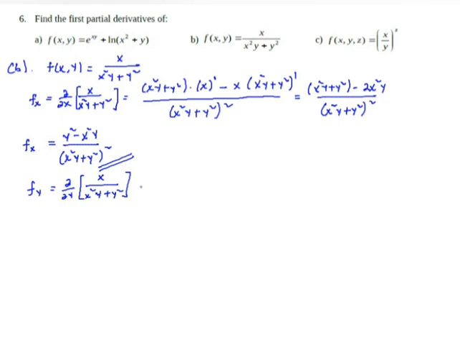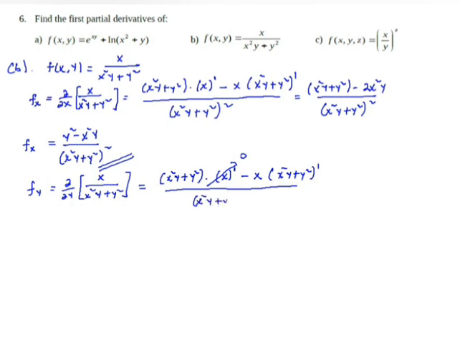So this becomes (x square y plus y square) times the derivative of x with respect to y, so this term is 0, minus x times the derivative of (x square y plus y square) with respect to y, over (x square y plus y square) the whole square.